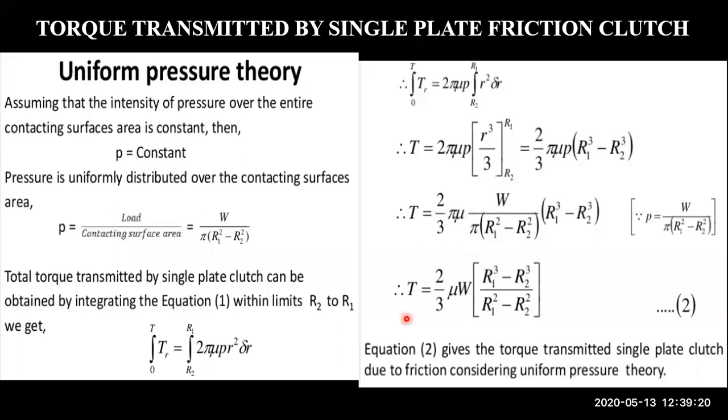This equation will give us the torque transmitted by a single plate clutch due to friction. This is considering the uniform pressure theory. This equation is there in our design data handbook. I'll tell you the exact number when we go to the steps, while defining the steps required. This equation is for the uniform pressure theory, and it is specifically mentioned in the handbook.